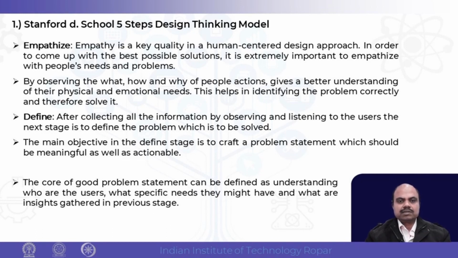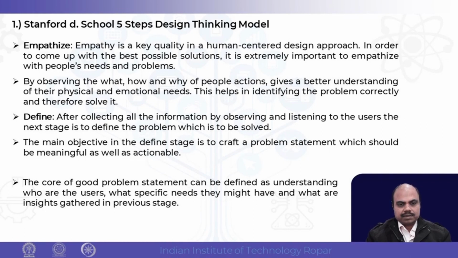Until we empathize and feel, we are not able to understand. So the idea is that we need to empathize with their feelings, understand their issues, and then design the product.